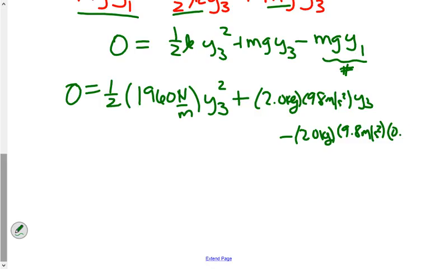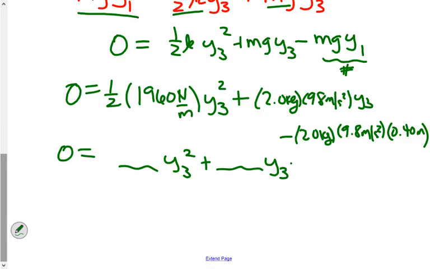Thank you, Gianni. Because it was 40 centimeters, but we have to convert it to meters. Okay, so if I were you, I would do all the math and have some number in front of y3 squared plus some number in front of y3 minus whatever that is. And then I'd plot it in your calculator and figure it out. And remember that you should have two answers because it's a quadratic.